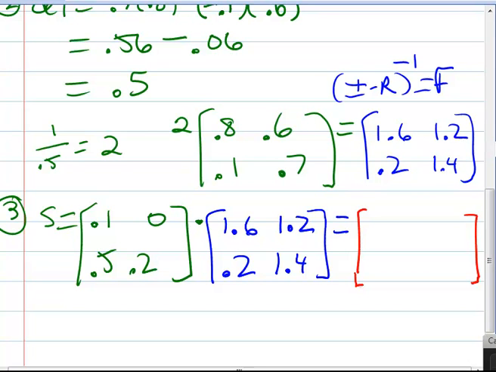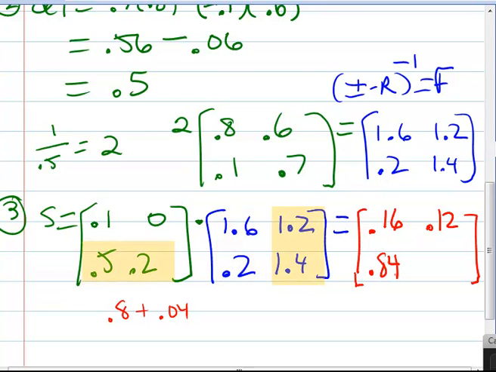So let's see, 0.1 times 1.6 is 0.16 plus 0. 0.1 times 1.2 plus 0, 0.12. 1.6 times 0.5, jot that down here, that's 0.8, plus 0.2 times 0.2 is 0.04, so 0.84 goes there.